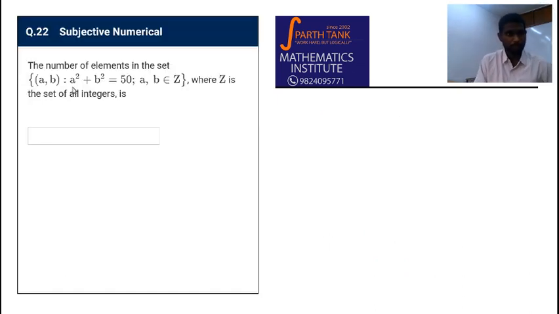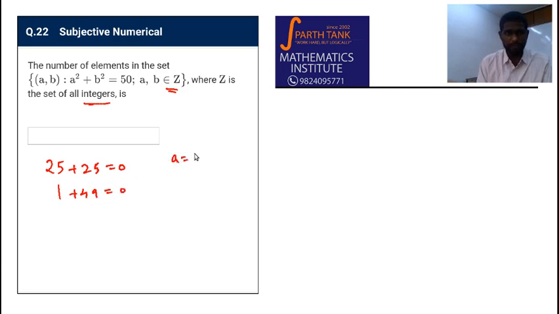Question number 22. The number of elements in the set (a, b) such that a squared plus b squared is 50, a and b are integers, is. Now a squared plus b squared is 50, right? So the sum of squares is 50. We can have only 25 plus 25 is 50 and 1 plus 49 is 50, right?